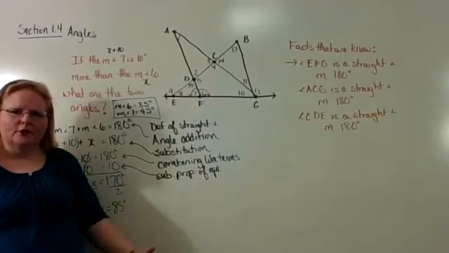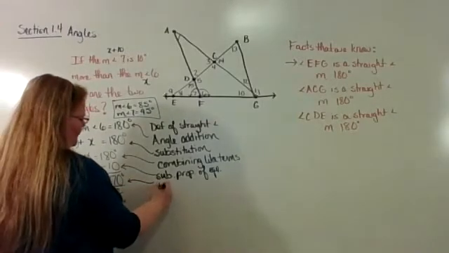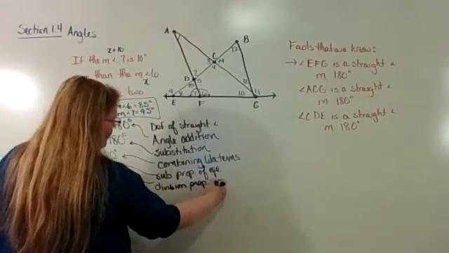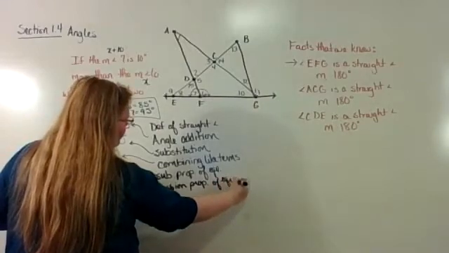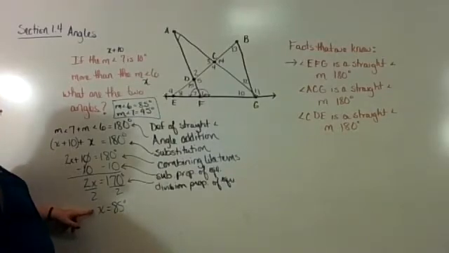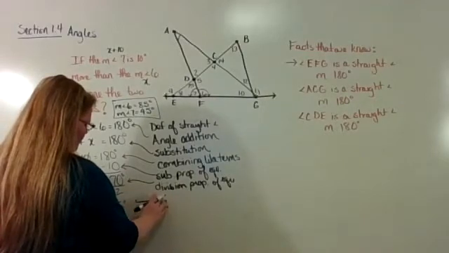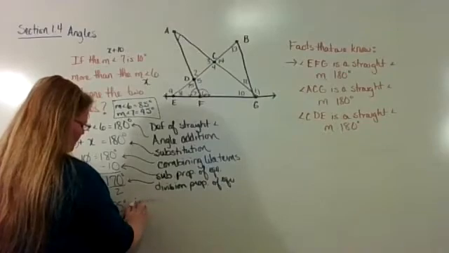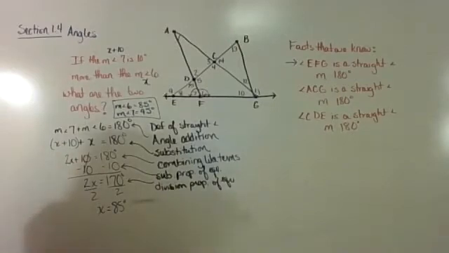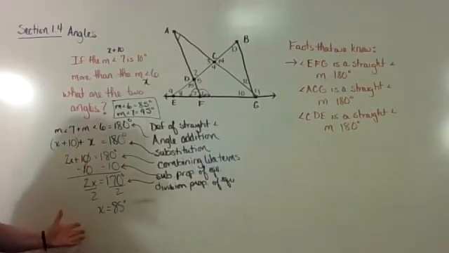Who wants to write all that out? Nobody does. Okay. Then we use the division property of equality. And then we got our first angle. Then we took this and substituted it in back up there. But these would be our reasons for this particular problem.